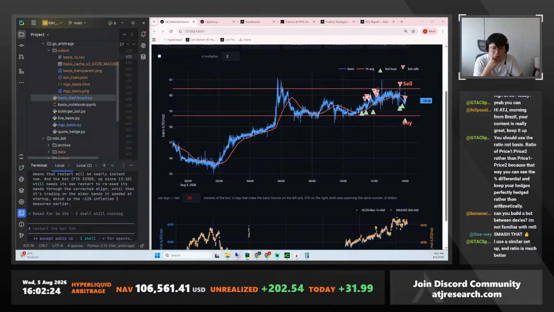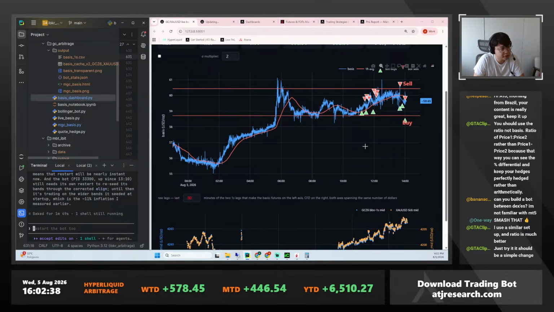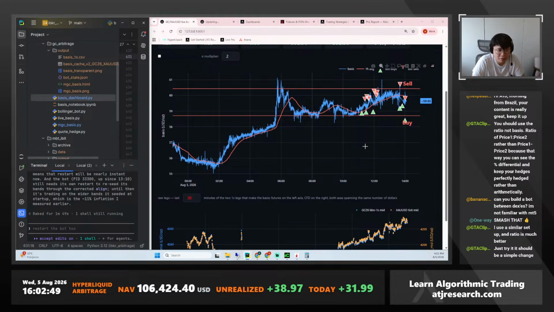Percentage differential. I don't know if it has an effect on the actual edge of the strategy. I think it's just a different way to display the numbers. In terms of the edge, it doesn't matter because if you apply Bollinger, it adapts to these pricing differences anyway. But if you use a percentage, then you can allocate. I'll think about it a little longer and then give you an honest opinion, because I'm not exactly sure. I probably have to write it down on paper and look at the difference exactly.